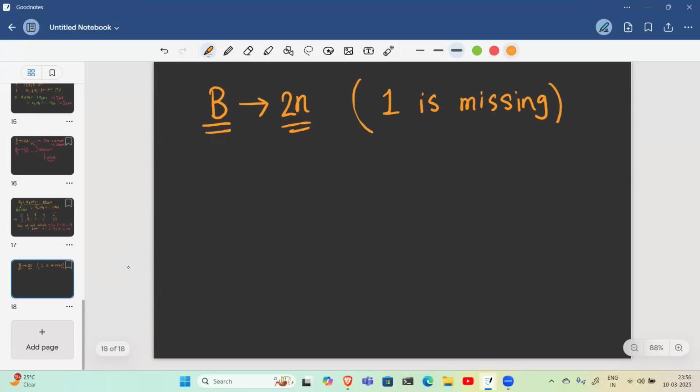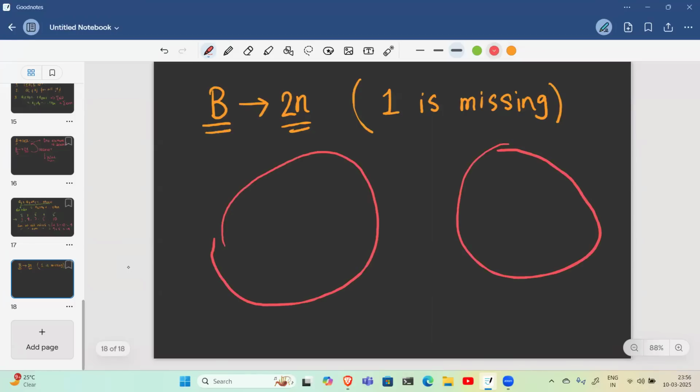So that means what should I do basically? I need to make two bags of integers. Let me call this bag 1, B1, and let me call this B2. The first bag should have size n plus 1, and the second bag should have size n.